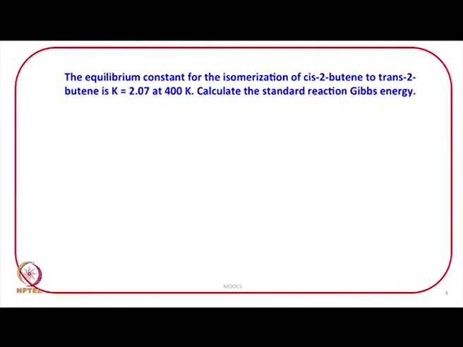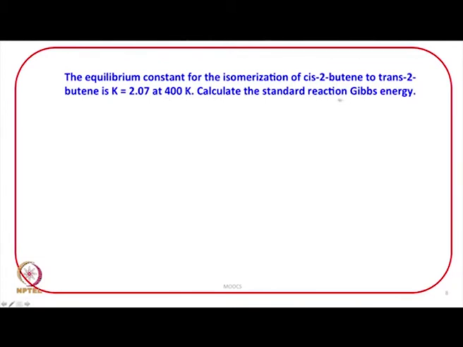Let us take up an example and discuss it a little further. Let us consider this question, which is: the equilibrium constant for the isomerization of cis-2-butene to trans-2-butene is K equal to 2.07 at 400 Kelvin.